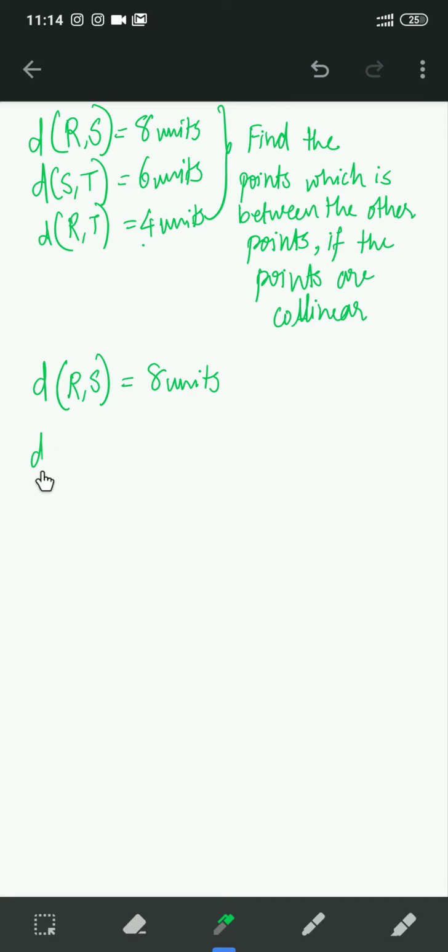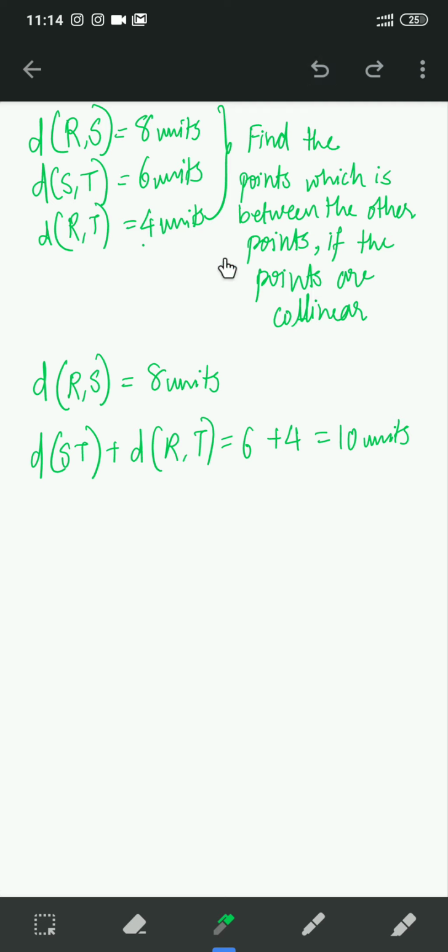So how do we write that? Distance between ST plus distance between RT is equal to 6 plus 4, which is equal to 10 units. Correct. Now, as you can see, T is a common point between these two. So what we would think is that T is in between R and S. But that is not true. As you can see, the larger distance is not equal to the sum of the two distances.